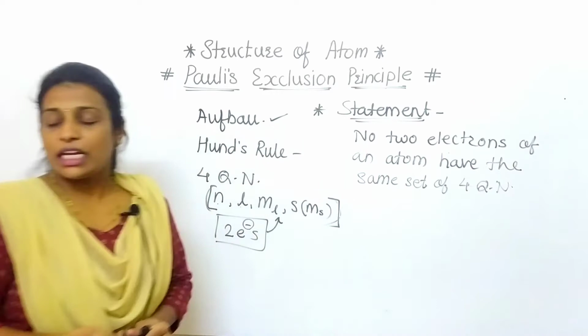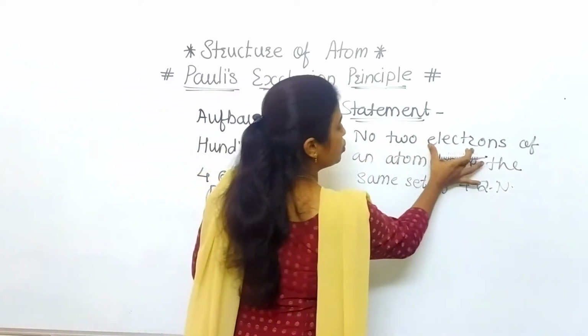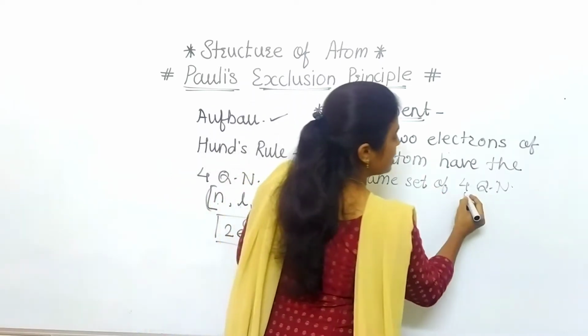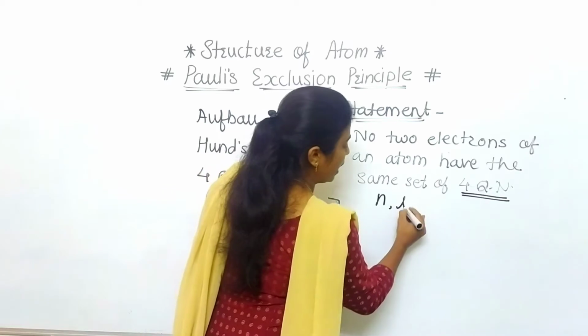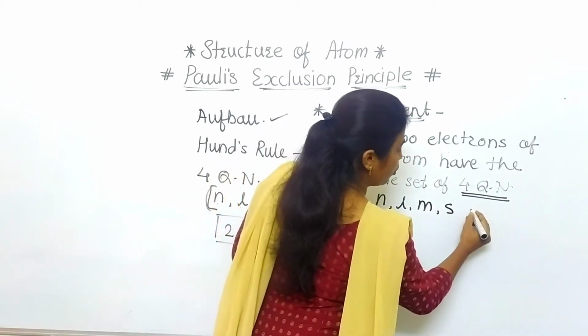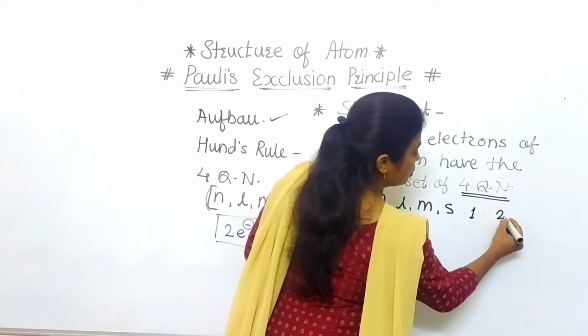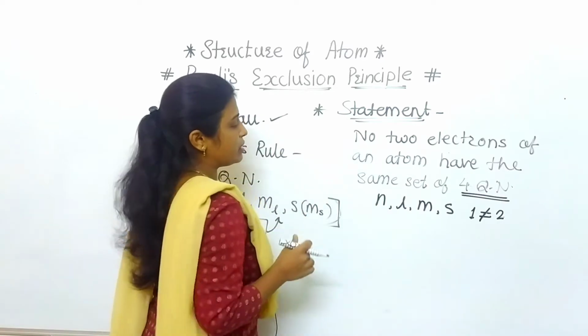What does it mean? It means that when we are filling the electrons, these two electrons should not bear the same set of four quantum numbers. The n value, l value, m value as well as s for electron one and electron two should not be the same. Clear to everyone?